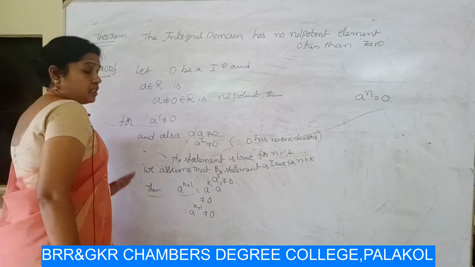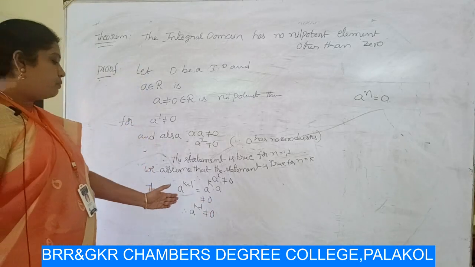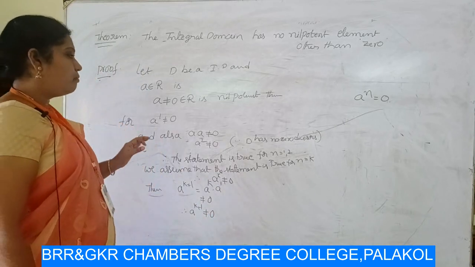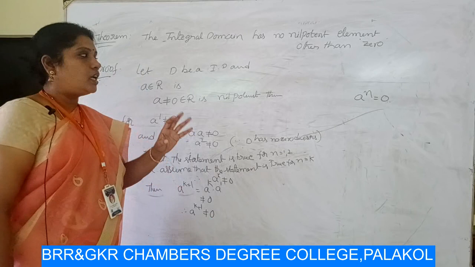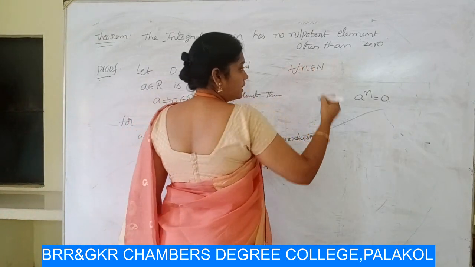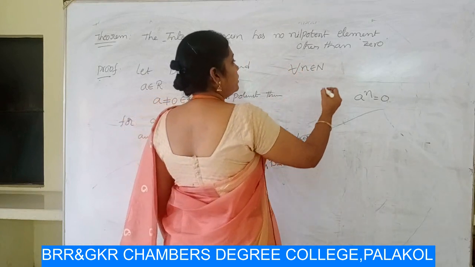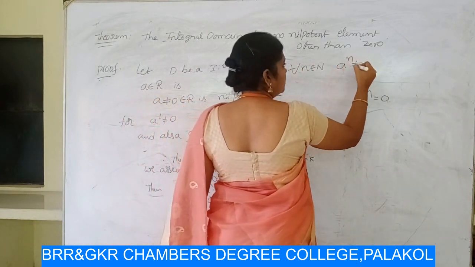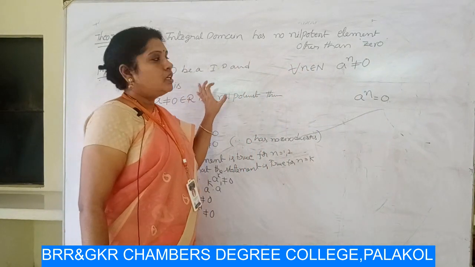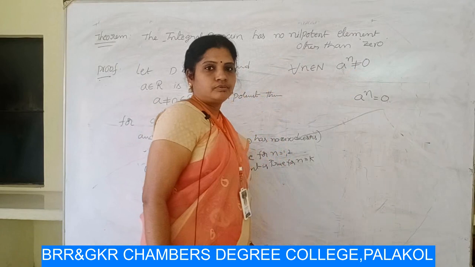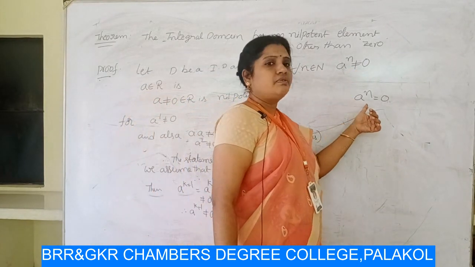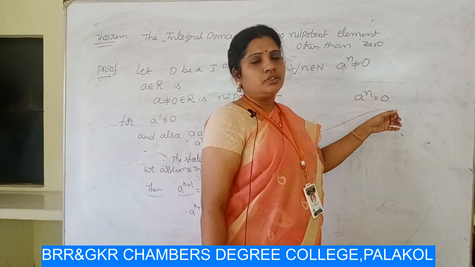So the statement is true for n is equal to k plus 1. Therefore, by mathematical induction, for all n belonging to capital N, we have A power n is not equal to 0. Here we take a non-zero element, which does not satisfy the condition A power n is equal to 0.